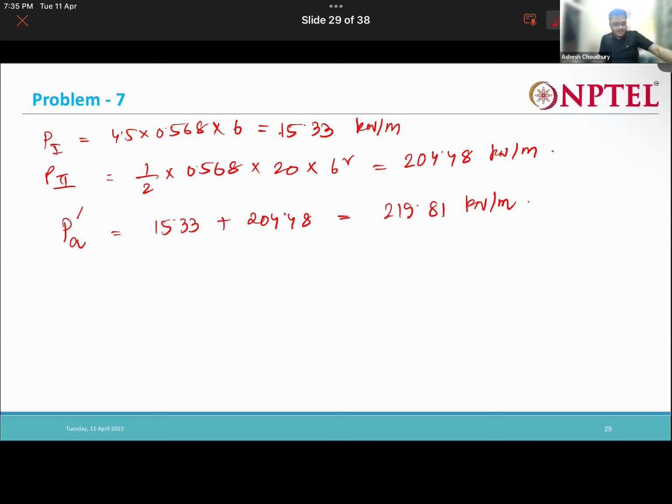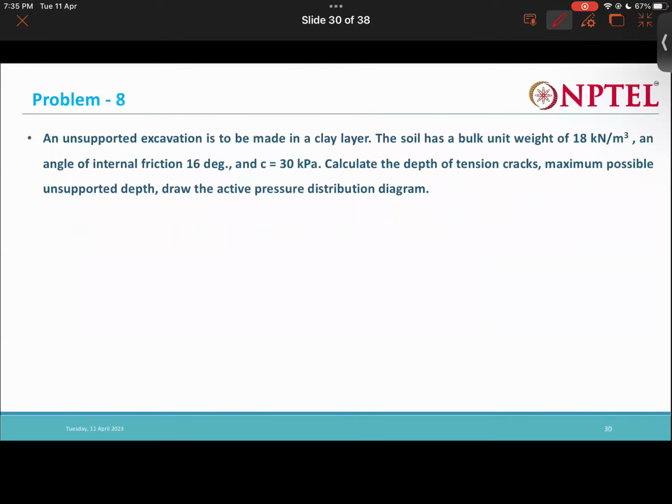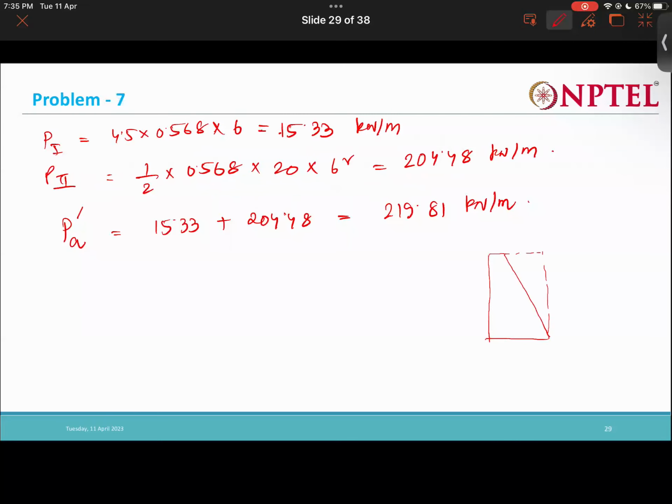Now let us find the resultant. So now let me draw the diagram actually once. So this PA dash is actually acting at some height y, and we are finding that out.